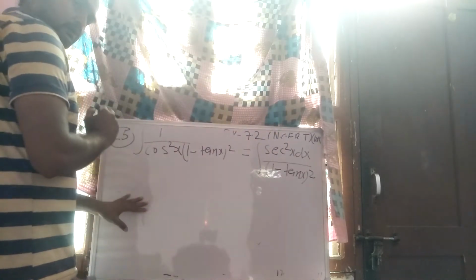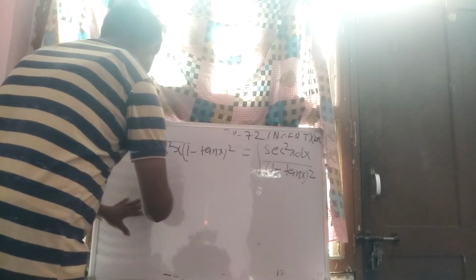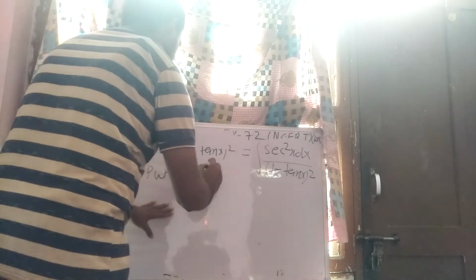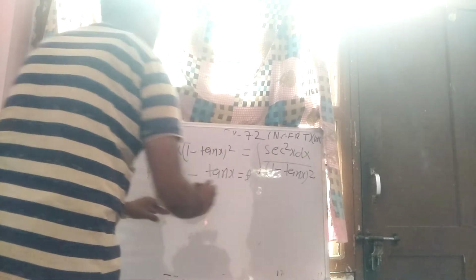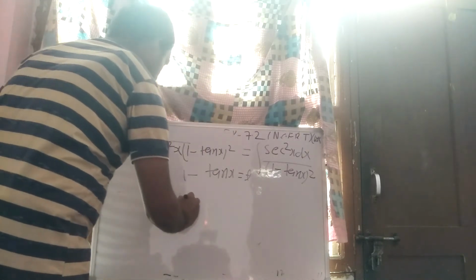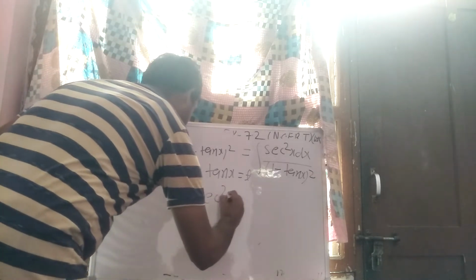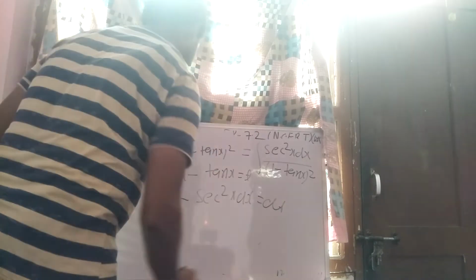We have to write in standard form. We also put 1 minus tan x equal to t. So the derivative of 1 minus tan x means minus sec square x into dx equal to dt.